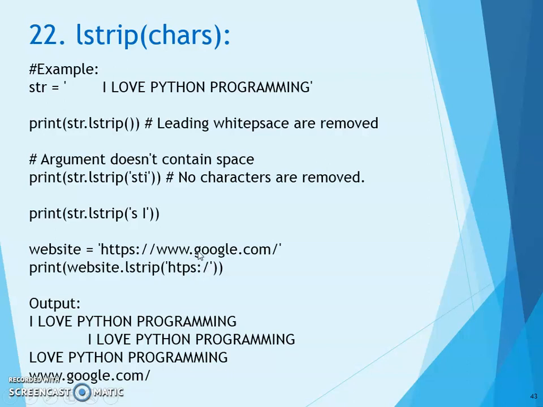From this string the H will be removed. As T is mentioned, both the T characters will be removed. Then P, S, then the colon and both the slashes will be removed from the left hand side. Nothing will be removed on the right. So the output will be www.google.com/.